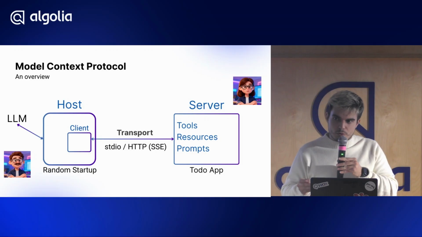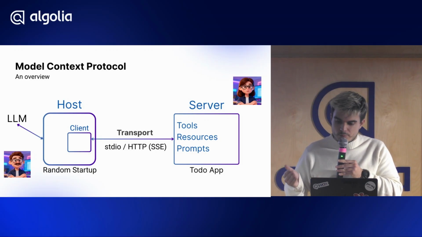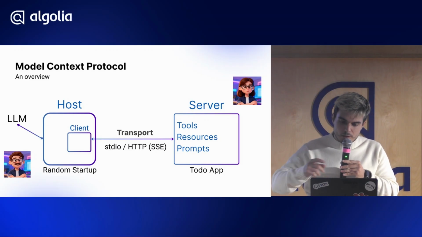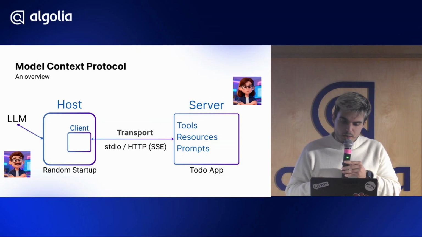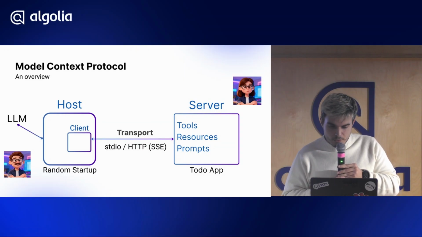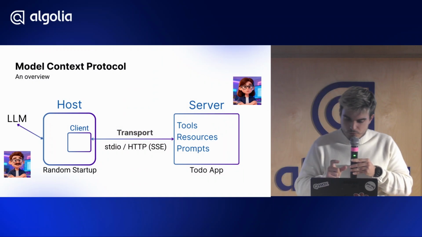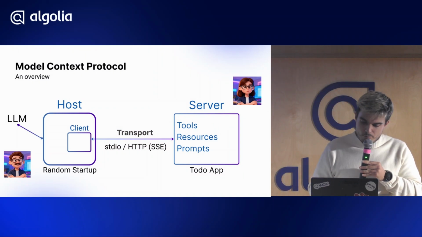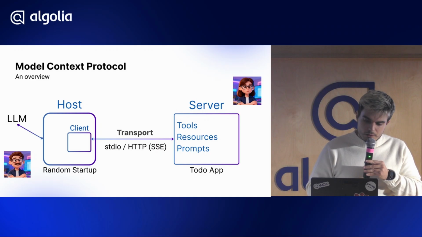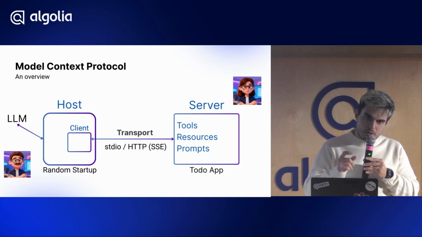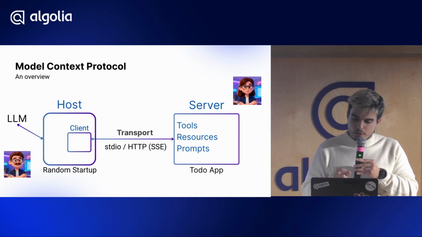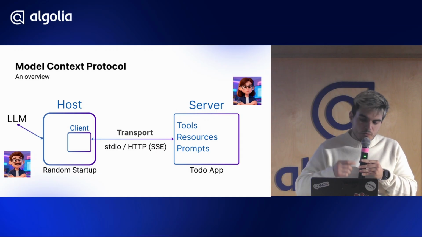Like if you've used Claude Code, /init is an example of a prompt, because it will say, okay, try to generate a claude.md file with the contents. And on the left side, you have the host, which is the AI agent, and this is Bob's random startup. That host will have a client. That client will connect to a server in a one-to-one relationship, and you can have many clients.